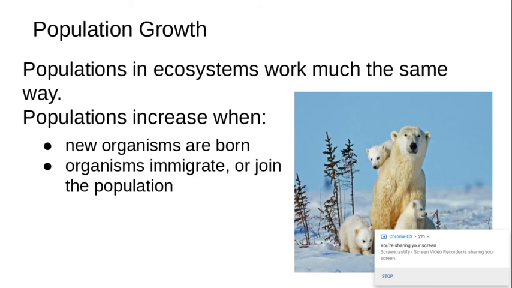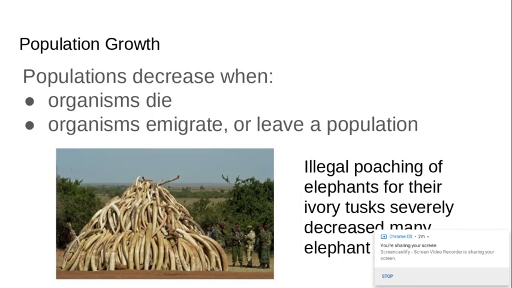Populations and ecosystems work much the same way. Populations increase when a new organism is born or organisms join the population, and we call that immigrate. So when a new organism immigrates to that population. Populations decrease when organisms die, and they decrease when emigration happens.